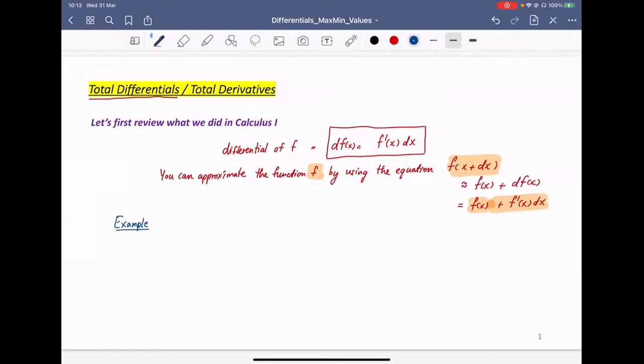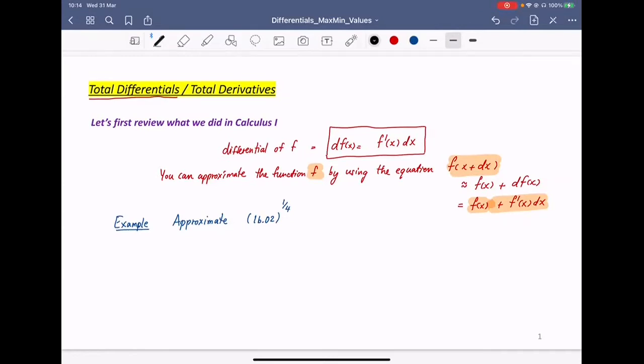If I ask you to approximate, let's say, the fourth root of 16.02, you can see from this question that you have the idea in your mind that if you take the fourth root of 16, you're going to get 2, right?